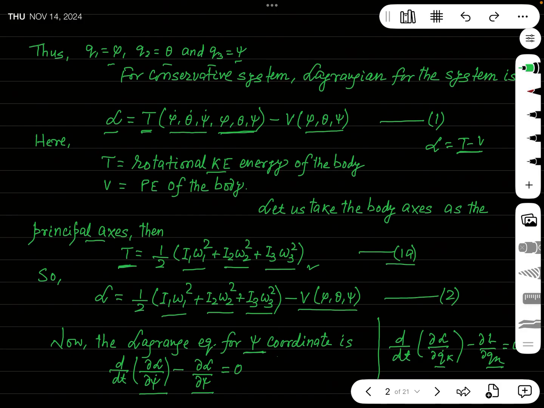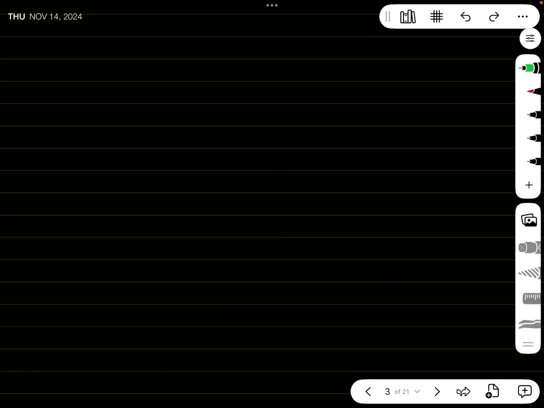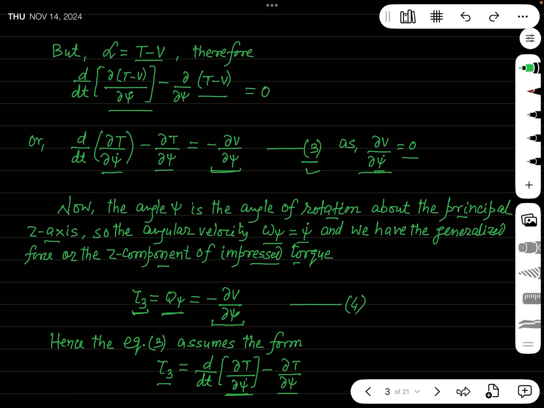When you differentiate this T, that is equation 1a, with respect to omega 3 partially, the derivative of the first two terms will vanish and there will only be 2 I3 omega 3, and this 2 will cancel and the result will be I3 omega 3.